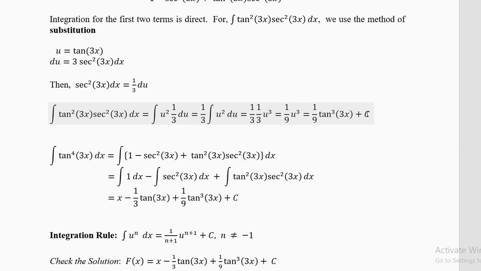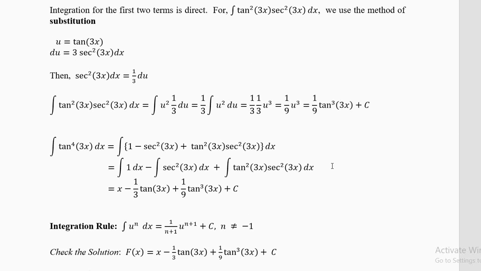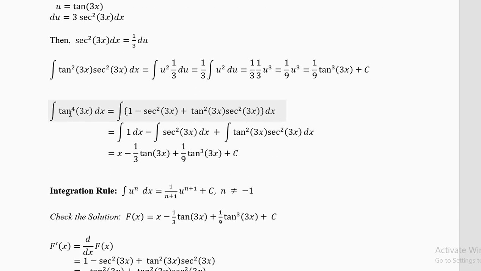Now this c is not really needed in the middle step. So now your integration of tan power 4 will be 1 minus secant square plus tan square into secant square. Integration of 1 is x, integration of secant square is tangent divided by the number inside, which is 3, and the last part, which is tan square secant square, we have seen just by the substitution.